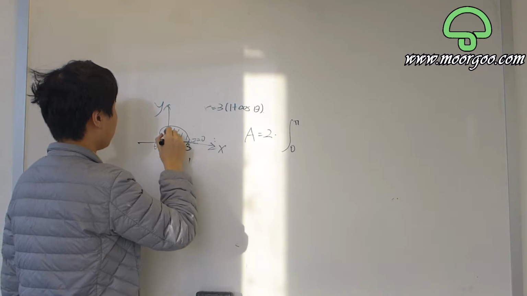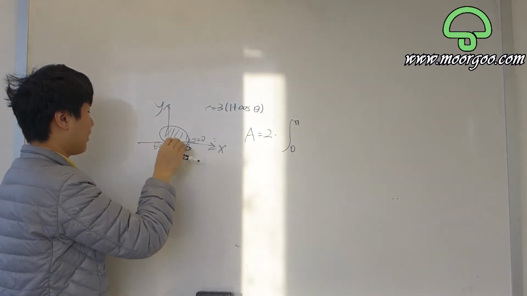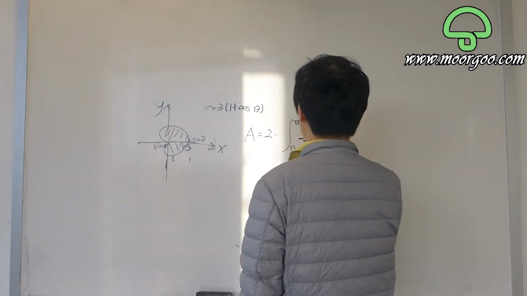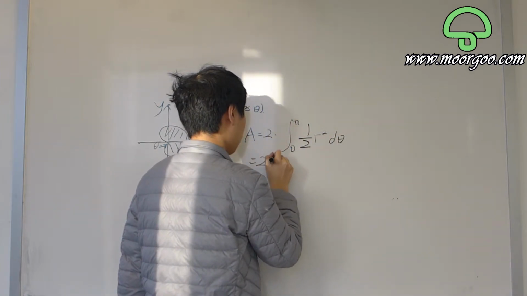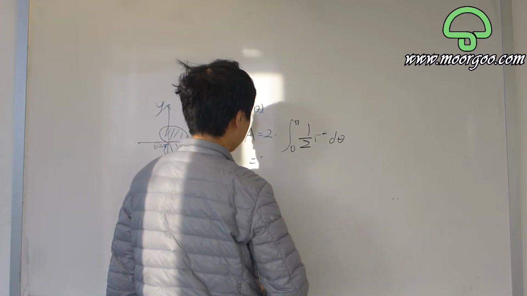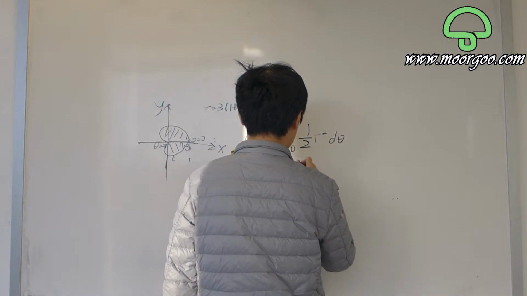To find the area of the whole thing, we have to multiply the area of this part by 2. 1/2 r squared d theta. The 2 cancels out. R squared.